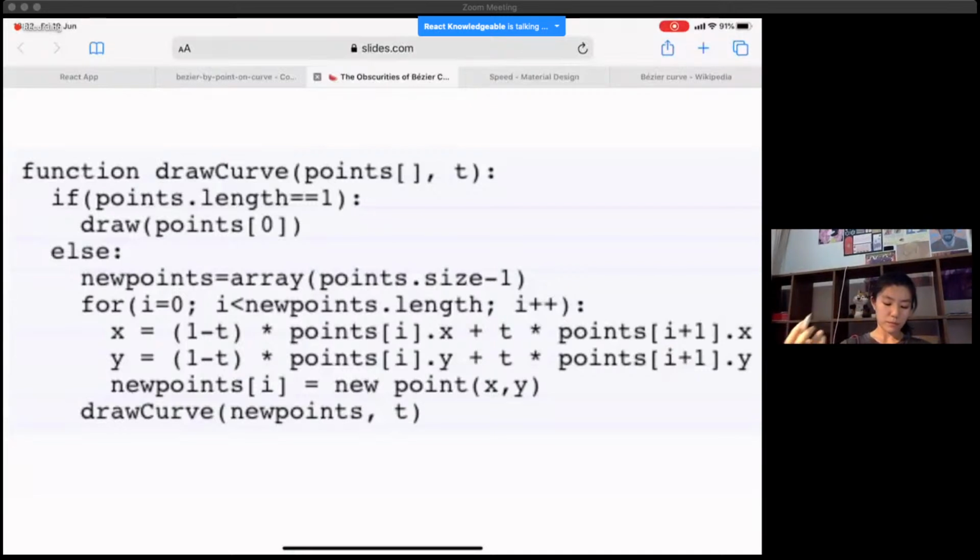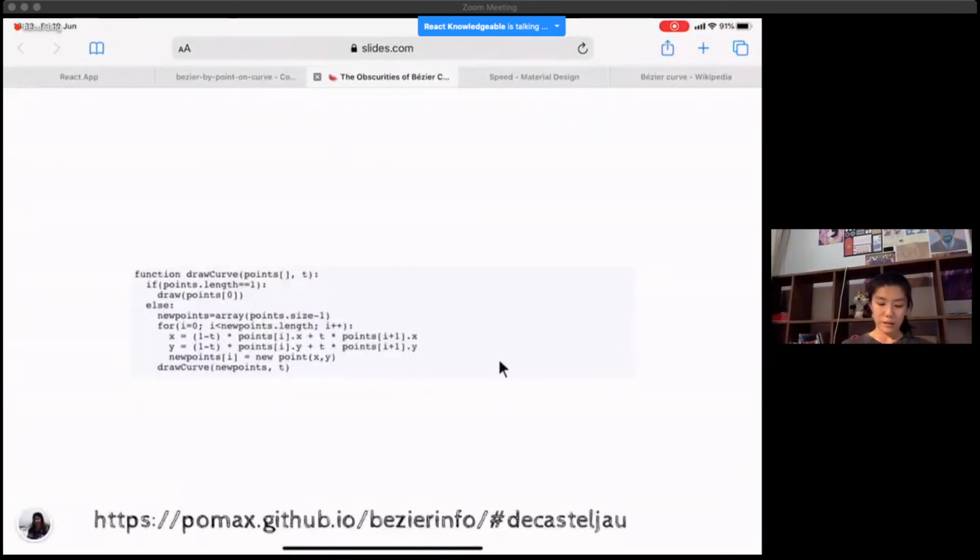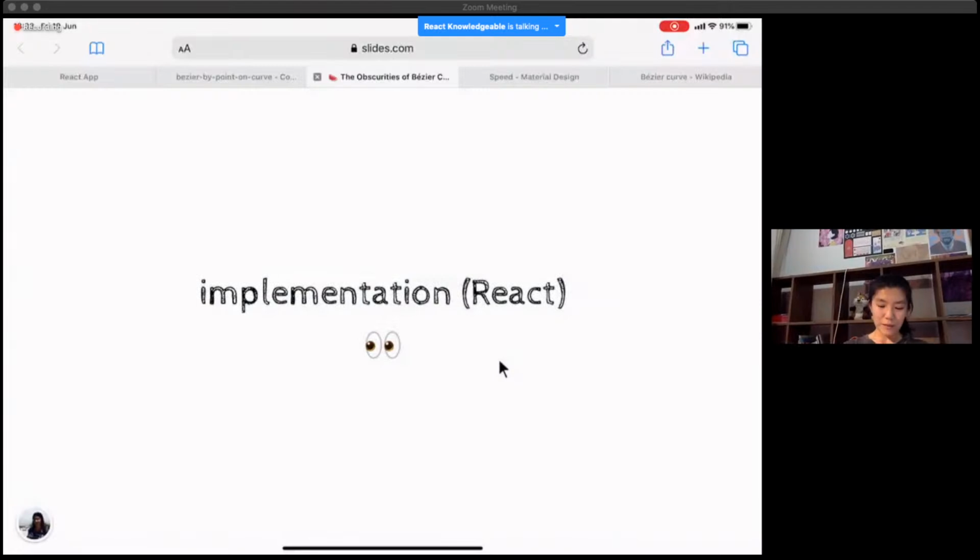And then finally, this is a recursive procedure. You will call the draw curve function again with the new points, which has 1 fewer point, and the same t. So eventually you will reach 1 point, and then you will find out what that point is on the curve. Right? Okay, so the pseudocode doesn't look so hard to implement.